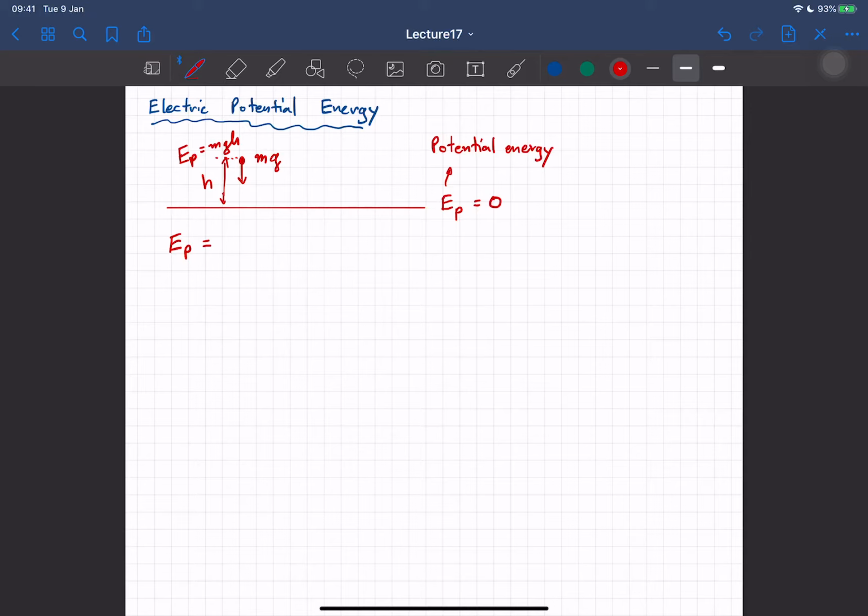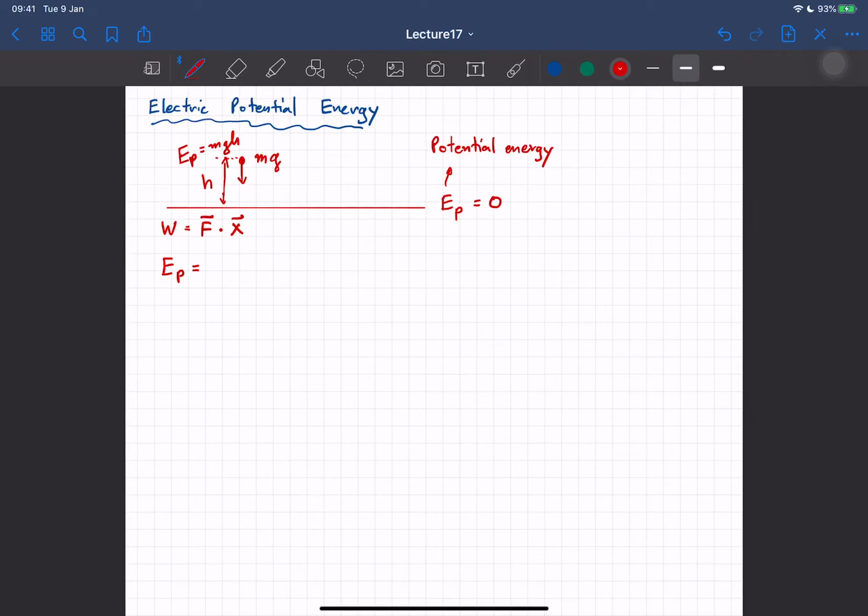This is how it's written. Think of this as something similar to work. Remember, work is force times distance, or force dot displacement vector. That's work, and potential energy is defined in a similar way.